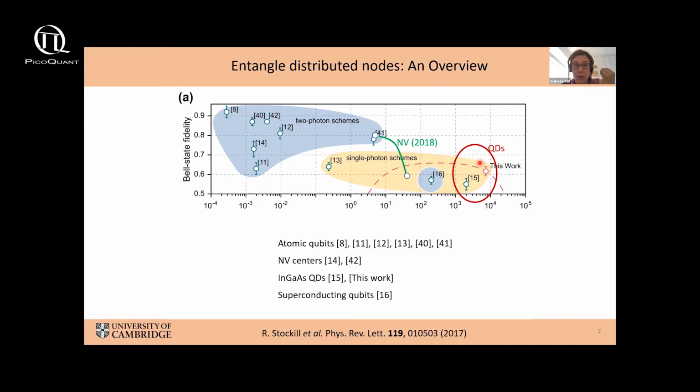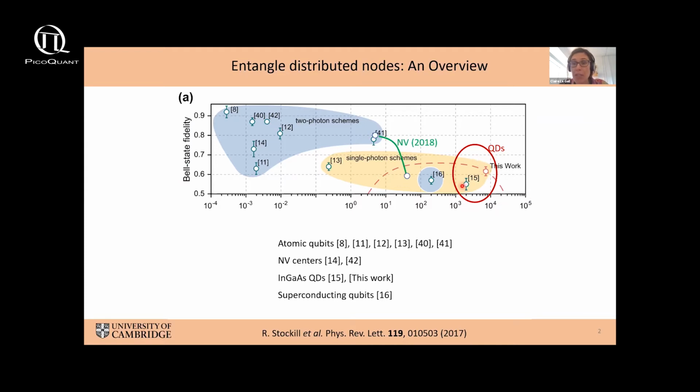The fact that you emit a photon with almost 100% quantum efficiency, a coherent photon, if you remove the 10% of phonon sideband. And these photons are really indistinguishable and can be used towards creating entanglements.